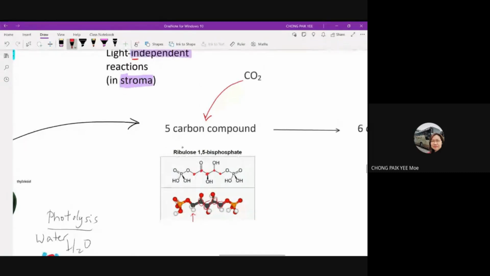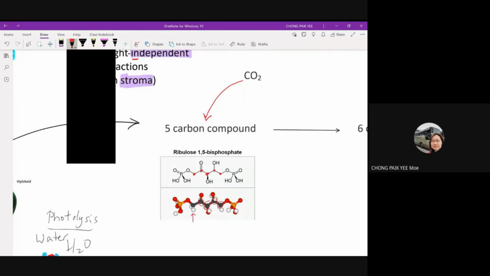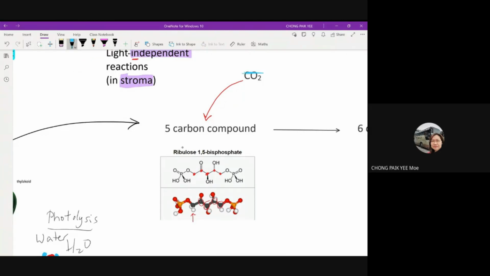Your carbon dioxide comes in. Just now we haven't seen any carbon dioxide, isn't it? We don't have any carbon dioxide in the reaction. Now you see the role of carbon dioxide. So carbon dioxide comes into the picture now. Carbon dioxide joins with your 5 carbon. So the carbon dioxide joins inside here.